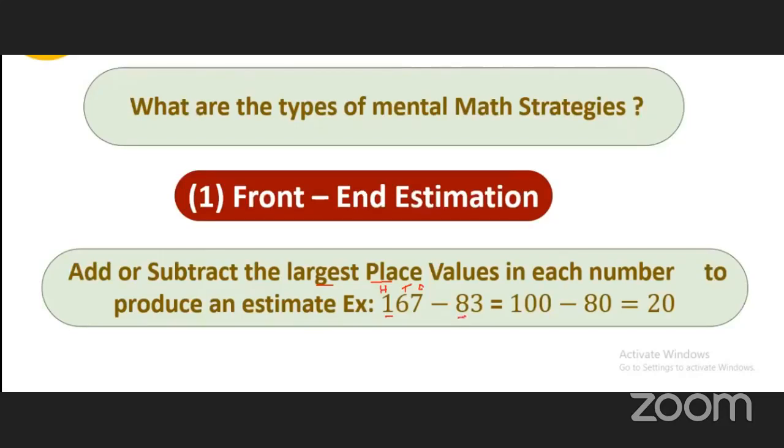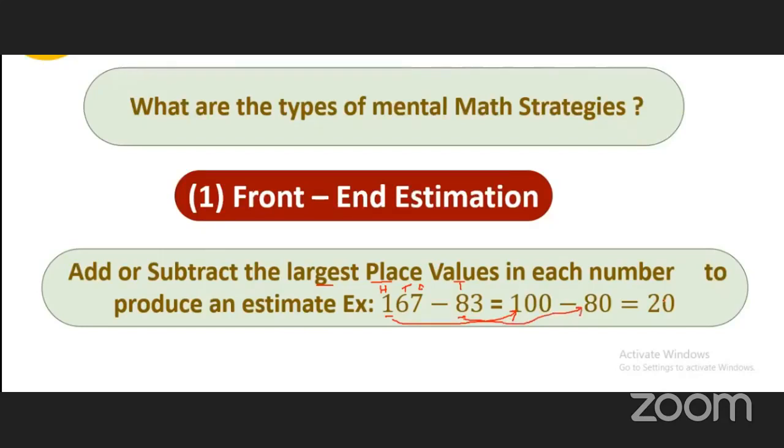It's the 10 place value. So first, in front-end estimation, we should determine the largest place value and write its value. Here, 100. And here, 80. 100 minus 80 equals 20.